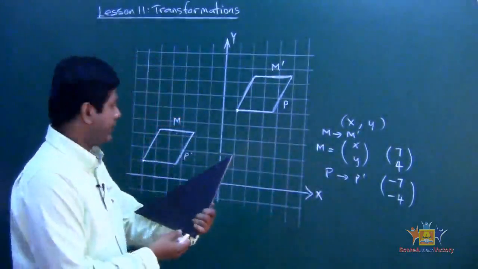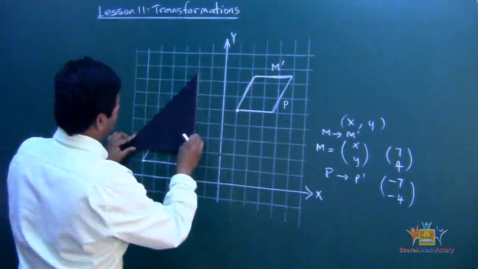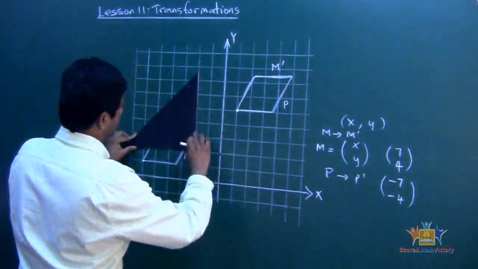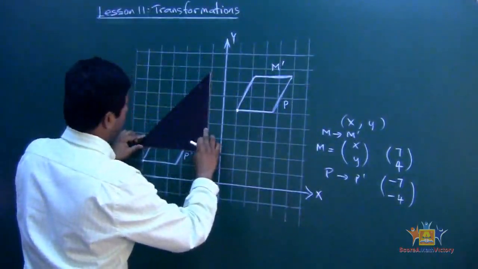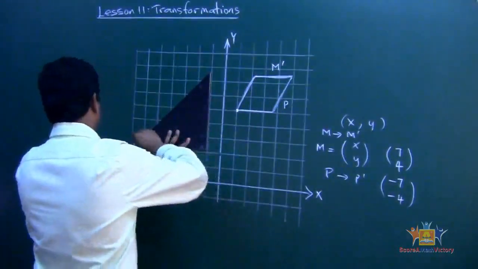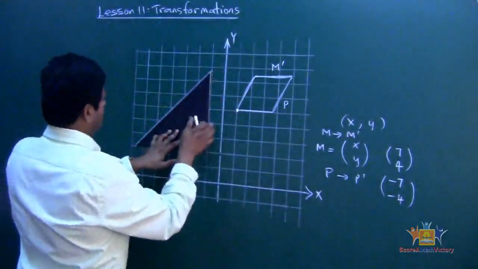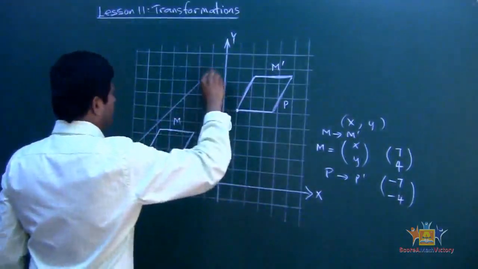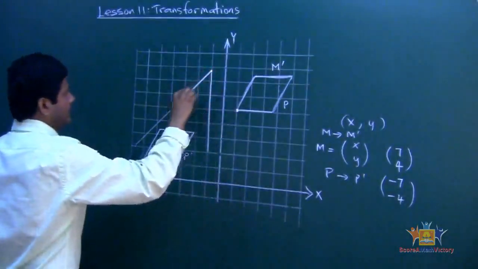Okay, let's say for example I take another image like this one right here. I've got a triangle, so I drew the triangle right here. Let's darken that triangle.